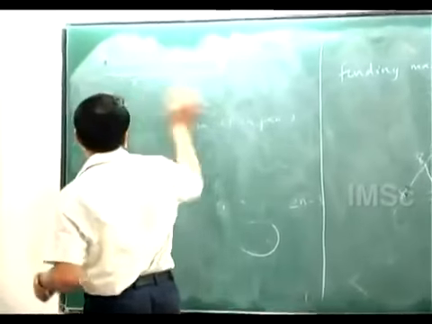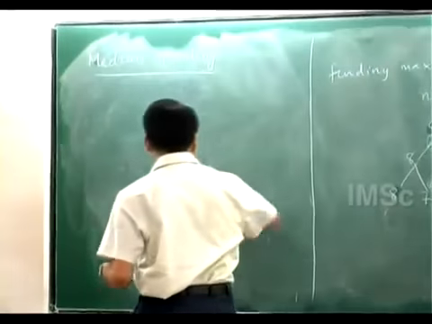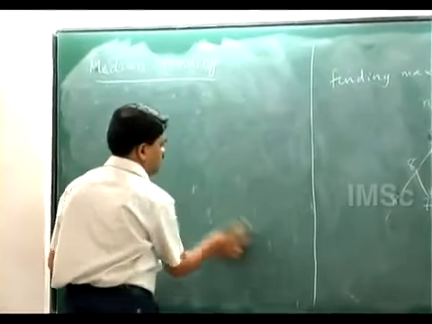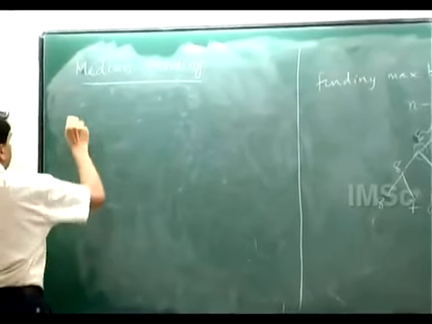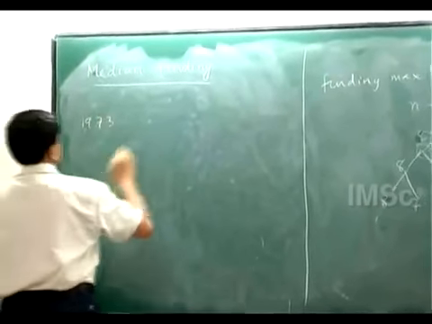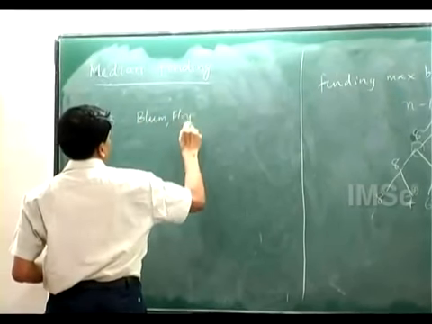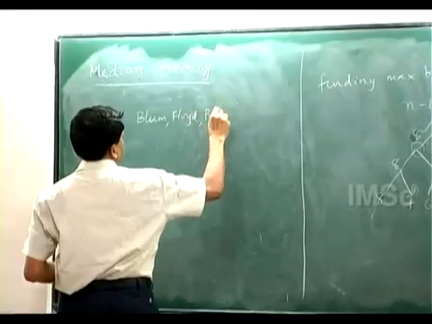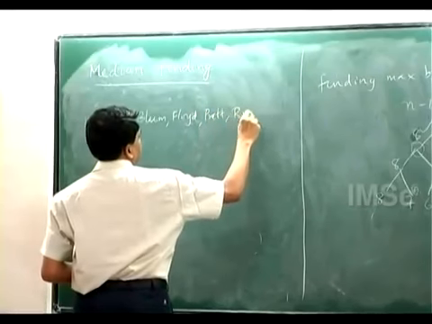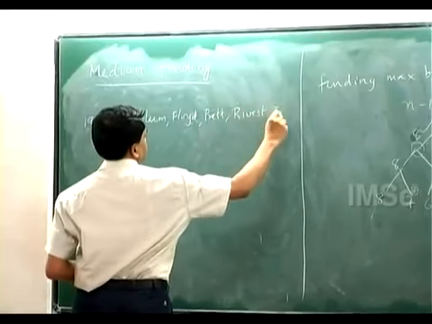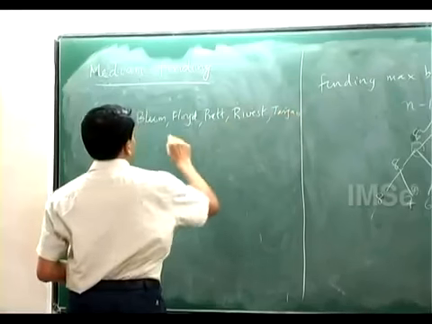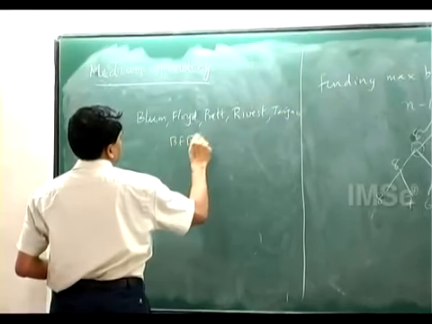In 1973, there are 5 authors: Bloom, Floyd, Pratt, Rivest, and Tarjan. It's sometimes called the BFPRT algorithm.